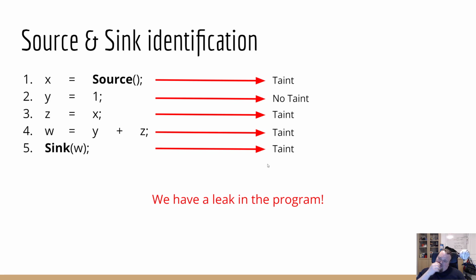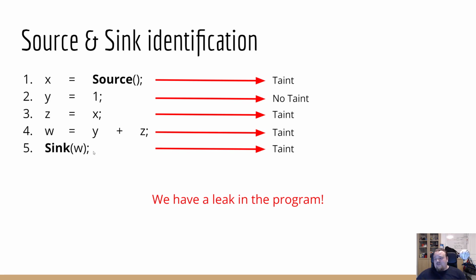Now you probably think, but what if this is just a simple math thing? How can it be considered tainted when you add y and c together? Well, taint analysis doesn't really concern itself with whether this is an exploit. It concerns itself with whether the source from line number 1 can affect what's going on in line number 5 in some way that it should not be able to. In this particular case, it can.